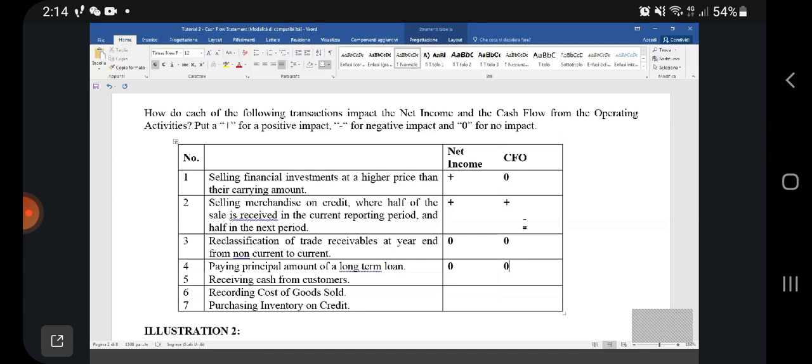Receiving cash from customers. Now this is easy. In net income, 0. Why? I'm receiving some cash, by the way. We have already recorded it previously. Good. We have recorded it as a revenue in the moment when we realized the revenue, when we sold the merchandise or the inventory.